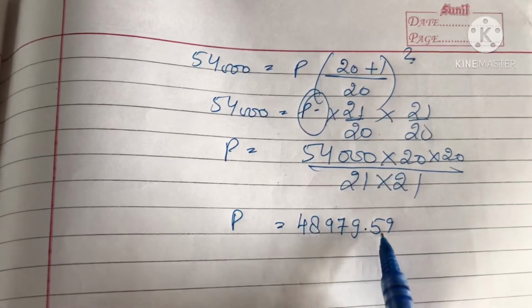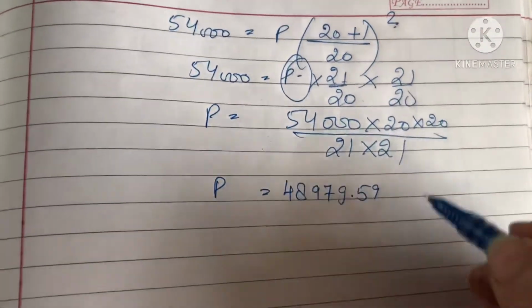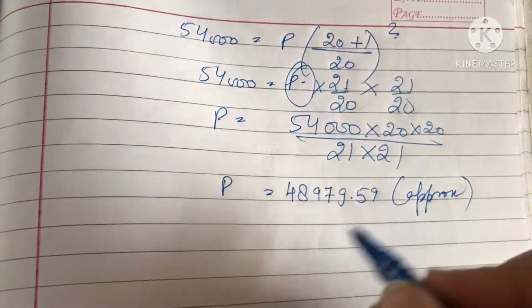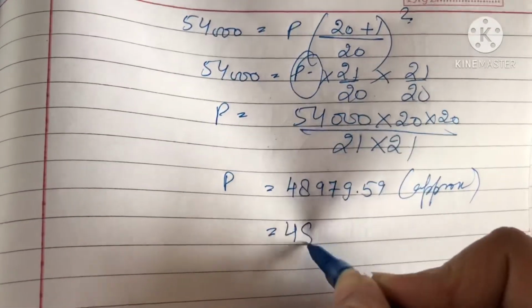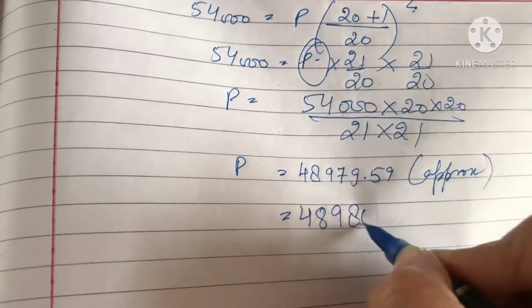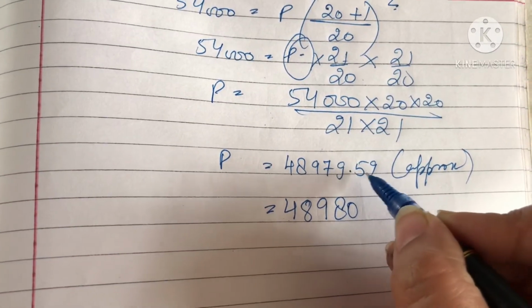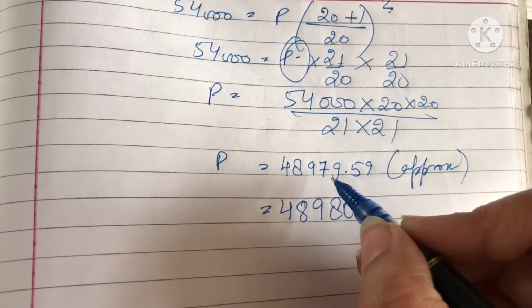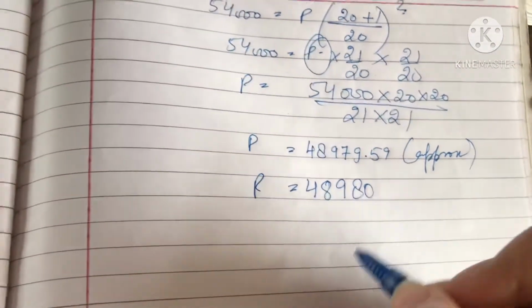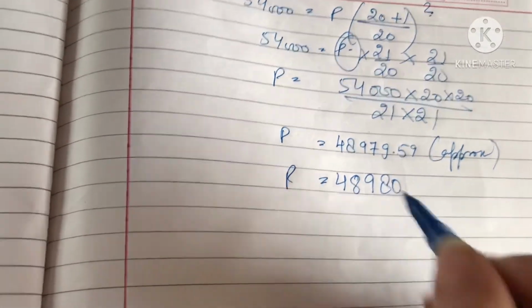Now population cannot be in decimal, so this is approximate and we can round it off. 79 will become 80 because the next number is more than 5. So this is the population in 2001.